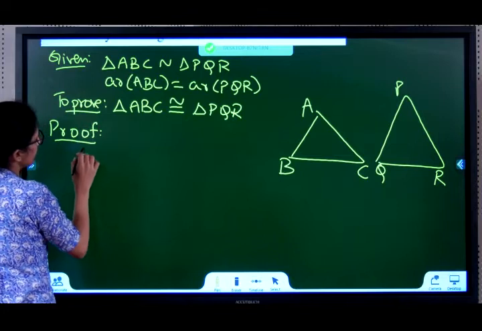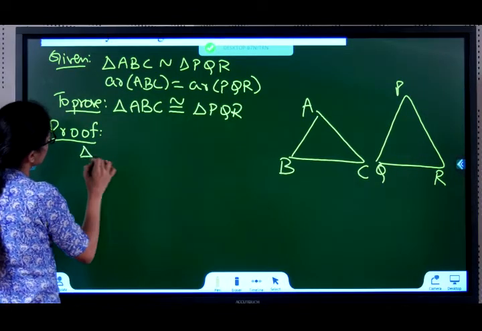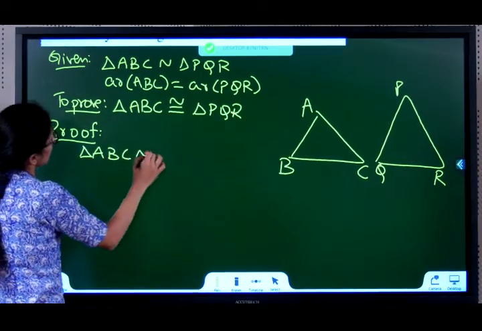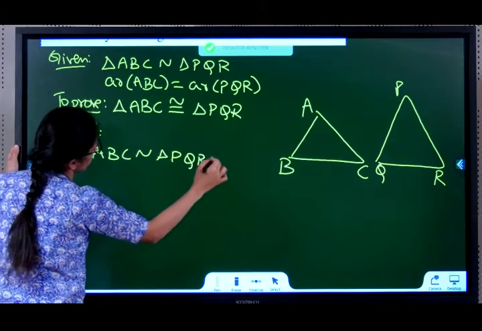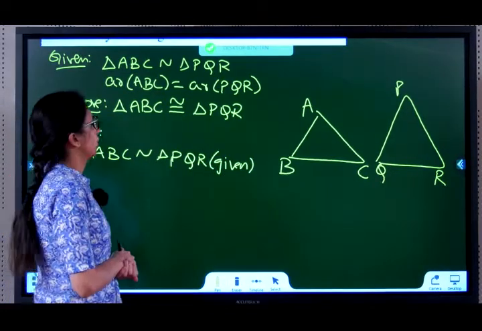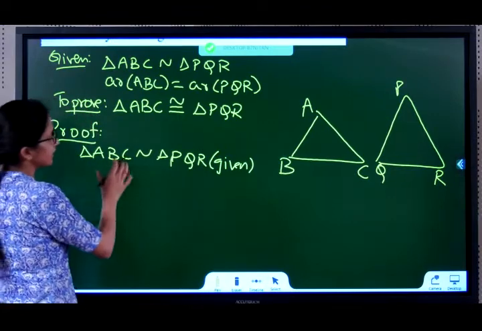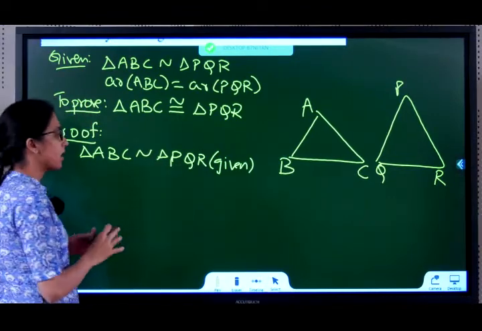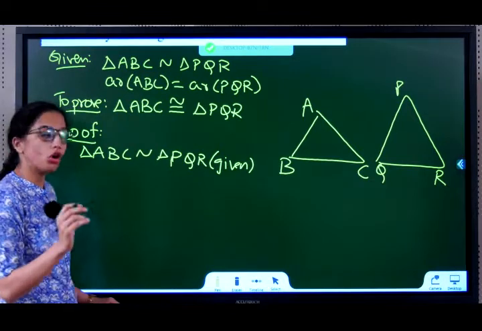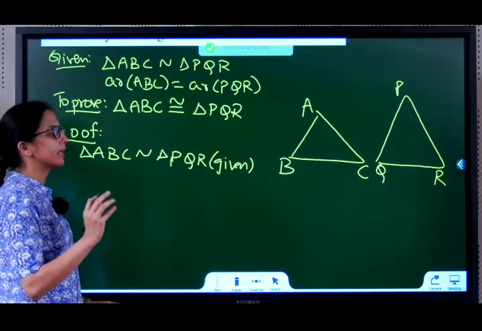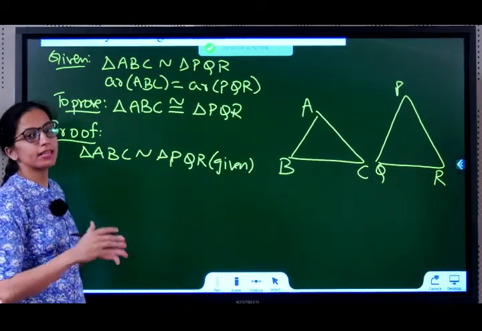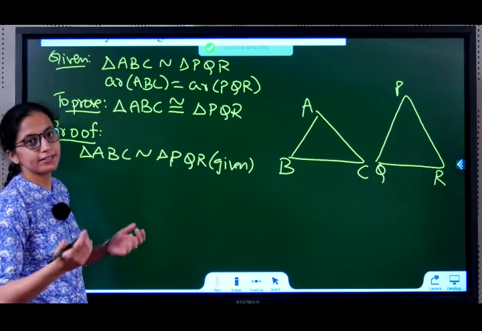Because triangle ABC is similar to triangle PQR, this is given. Since they are similar triangles, we know that the ratio of areas of similar triangles is equal to the ratio of the sides squared.